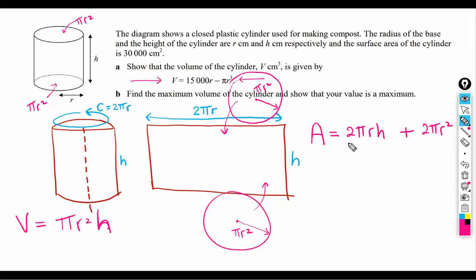What do we need to do? Remember, they told us the surface area is 30,000. So we can replace the A with 30,000. And we can make h the subject now. We can get h on one side and everything else on the other side. And when we make h the subject, we can substitute the h over here.